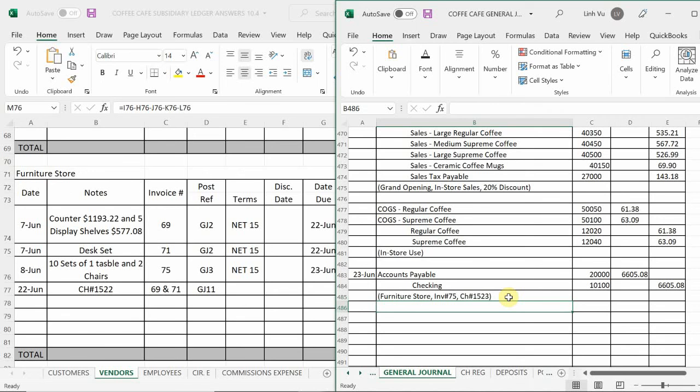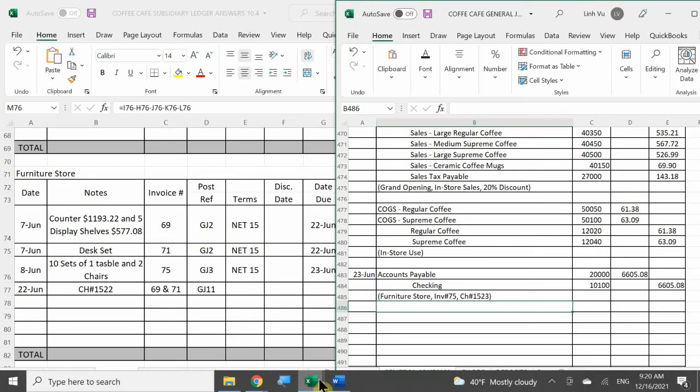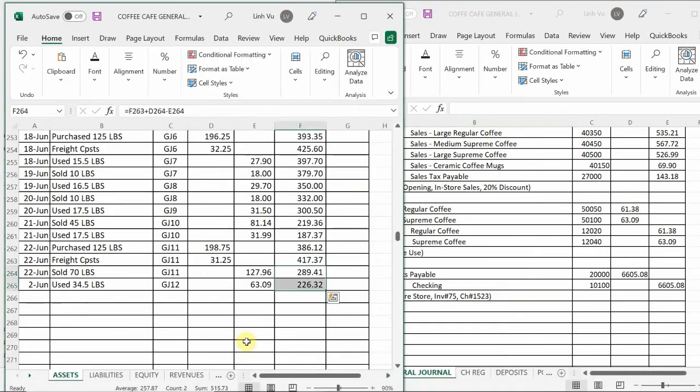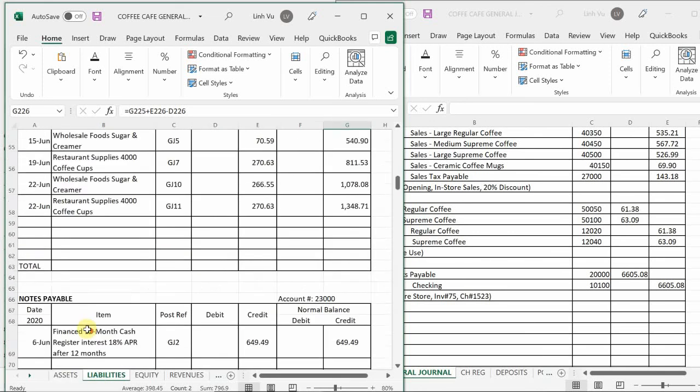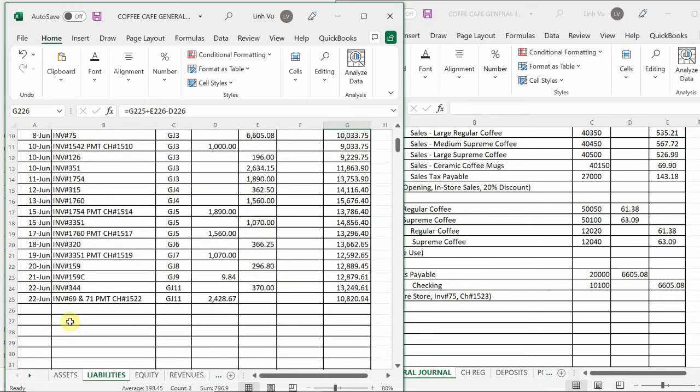Go to the general ledger. Starting with accounts payable. Invoice 75, check number 1523. For the 6,605.08.